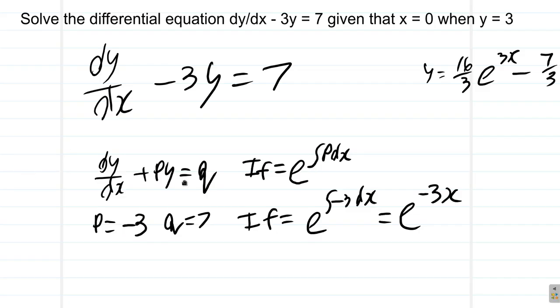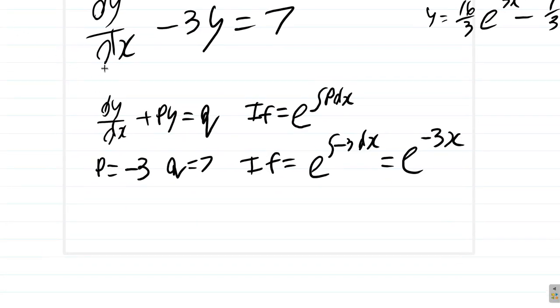Now, that's the situation here. What are you going to do next? Multiply both sides by the integrating factor.